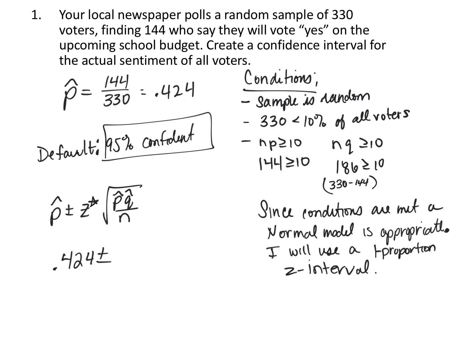What is the critical value, the z star, for 95% confidence? 1.96. And that's times the square root of 0.424, 0.576 over 330. And then we put it into our calculator.